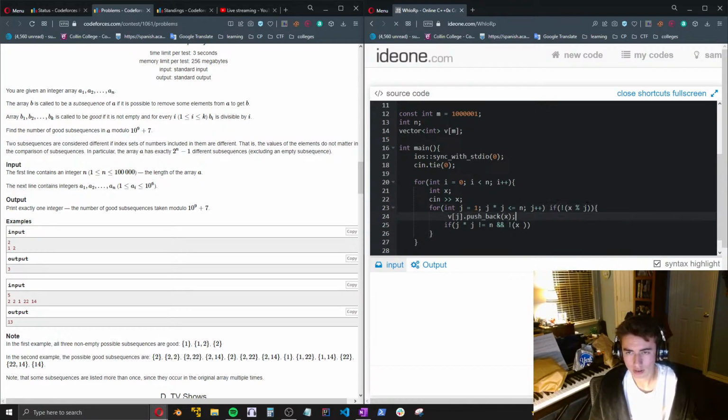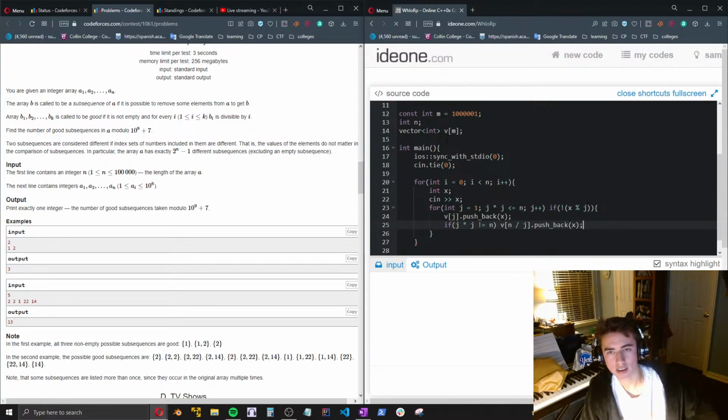So if not x percent j, and then if j times j is not equal to n, we do v of n over j. Alright, basically this is putting in each index all of the indices such that a of I is divisible by this.